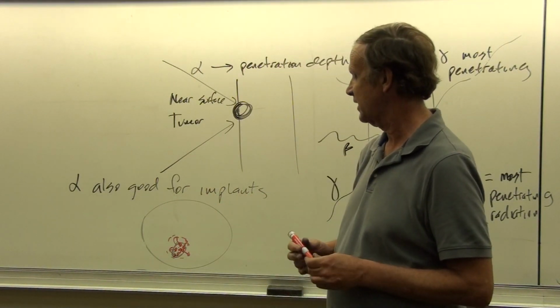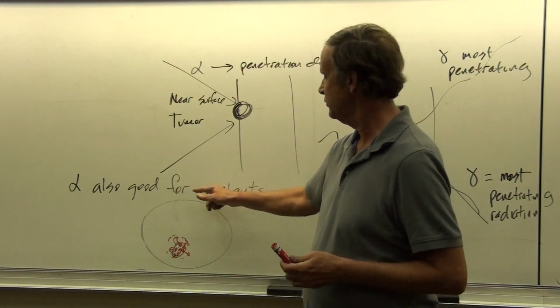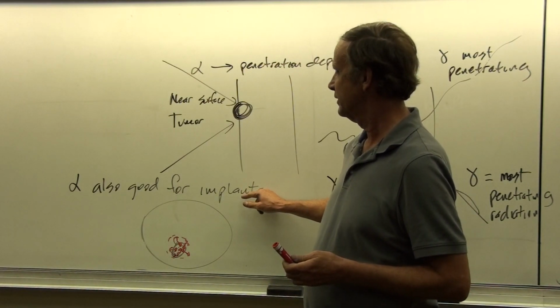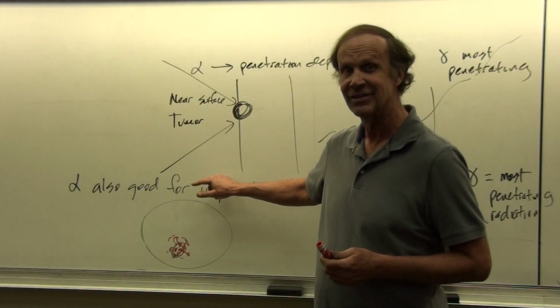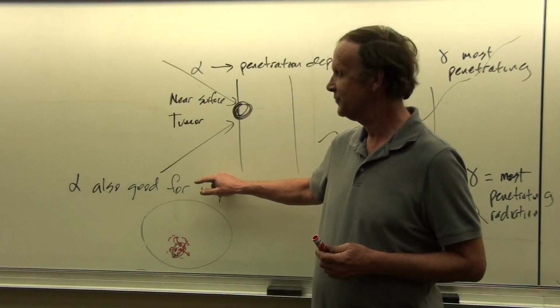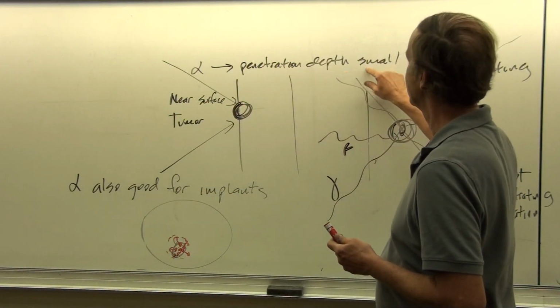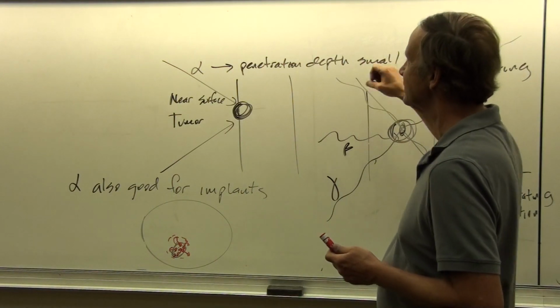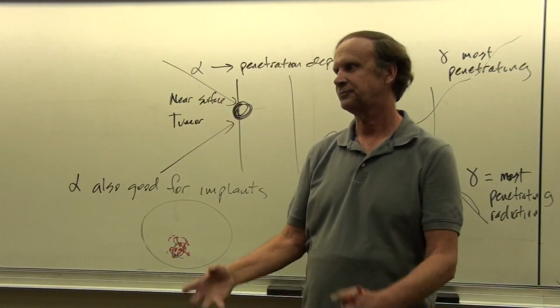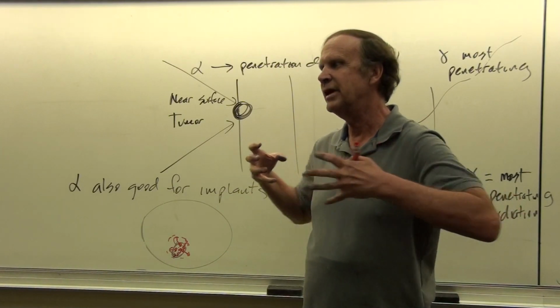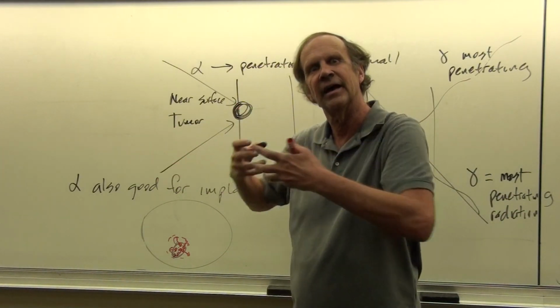And so this is an important tool for making use of the fact that alpha particles do a lot of damage. Remember, they have a high RBE, but they also don't penetrate very far. Their penetration depth is the least, because it's like a cannonball going through a big barrier and then being slowed down on its way through.